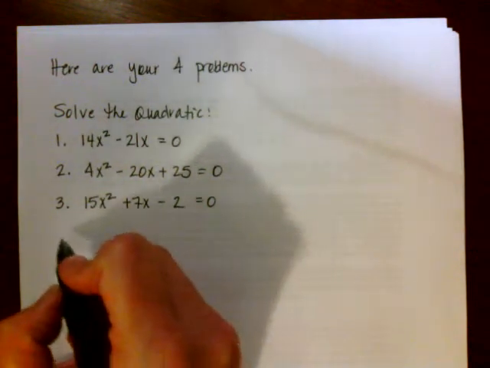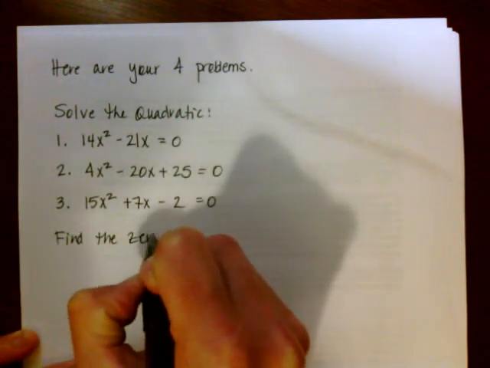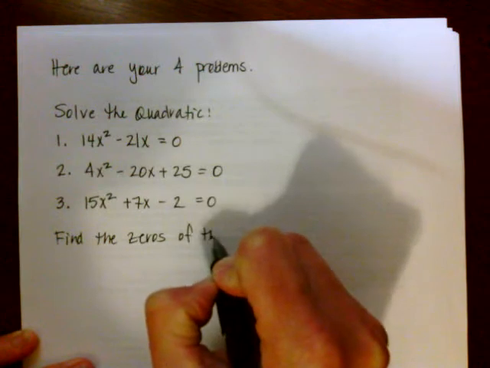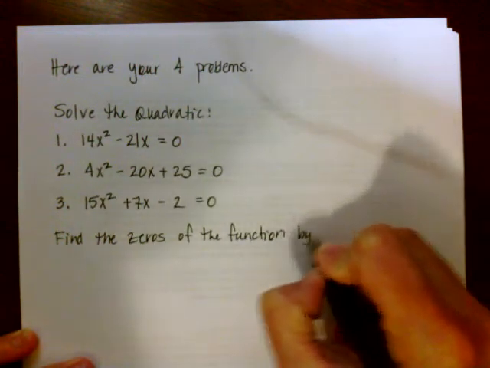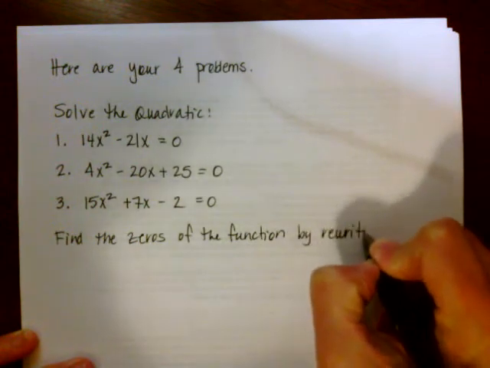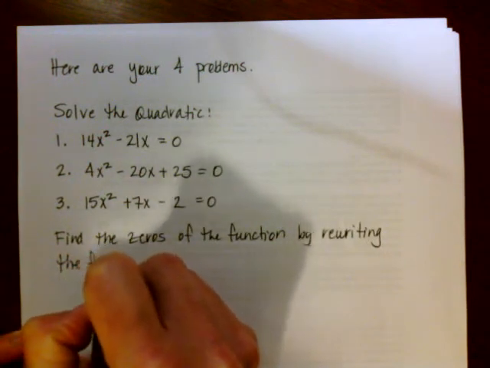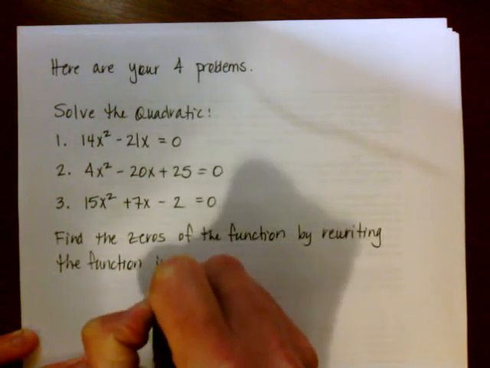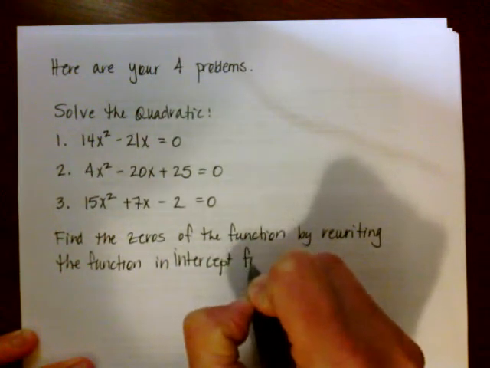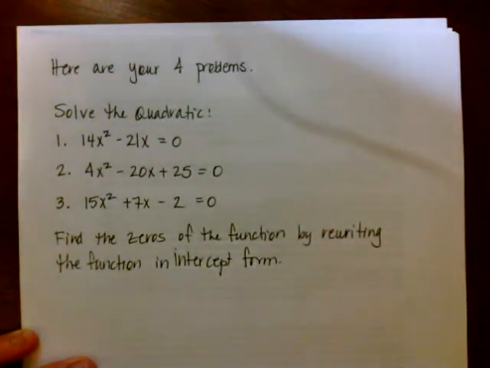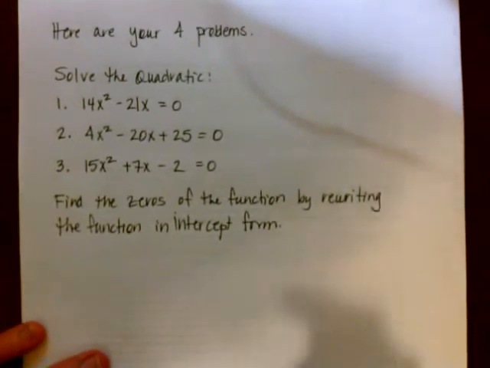Then your last problem says find the zeros of the function by rewriting the function in intercept form.